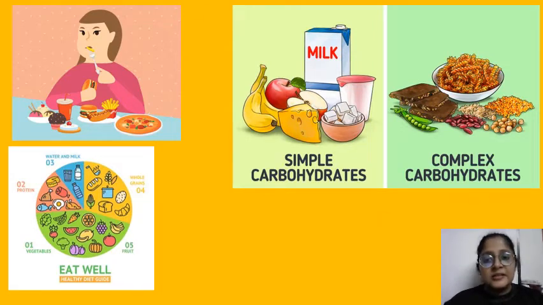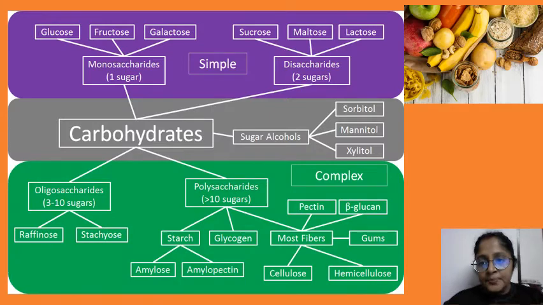Now let us see in the next slide. Whatever form we are taking the carbohydrate in, it can be sugar alcohols, disaccharides, oligosaccharides in the form of raffinose, stachyose, or polysaccharides, starch, glycogen. Starch is again divided into amylose and amylopectin, and then fibers, cellulose, hemicellulose.